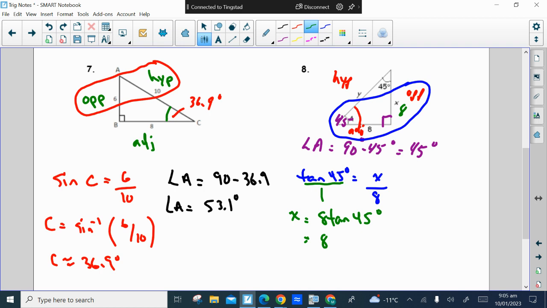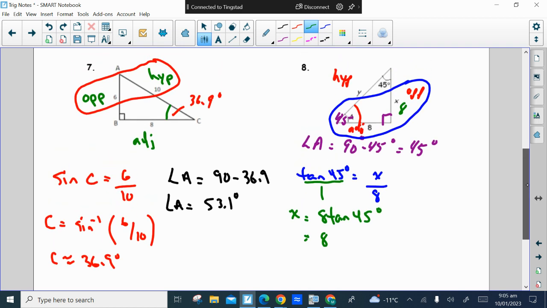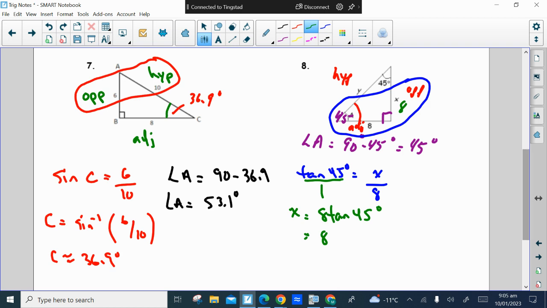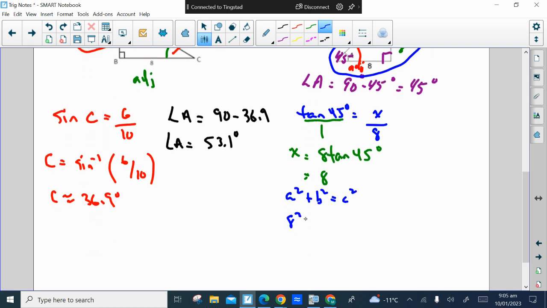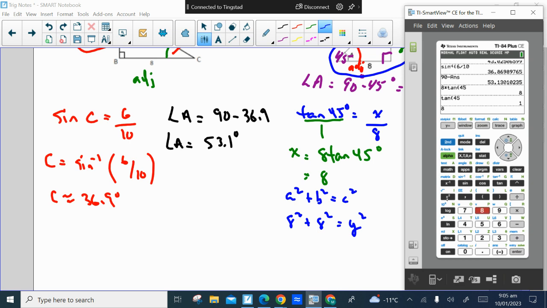And now we can find the hypotenuse if we want by using Pythagorean theorem. Remember, Pythagorean theorem says that a squared plus b squared equals c squared, where c is the hypotenuse. In this case, that's what we're trying to find, little y. So the other two sides are the legs of the triangle, which are both 8. And so on the left side, if we go 8 squared plus another 8 squared, that's 128.